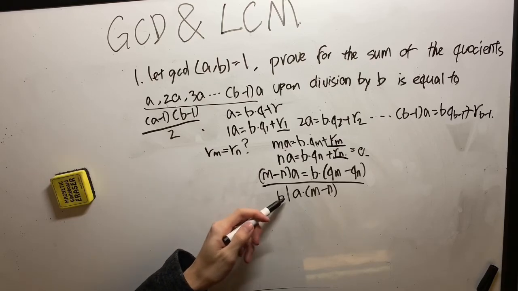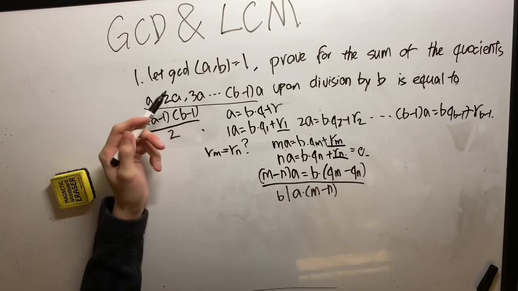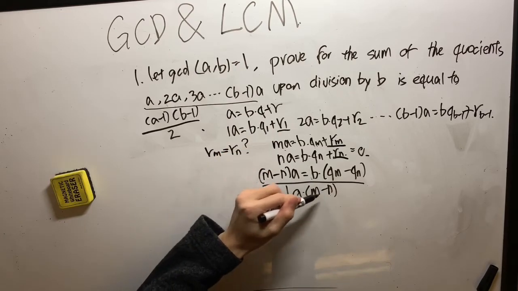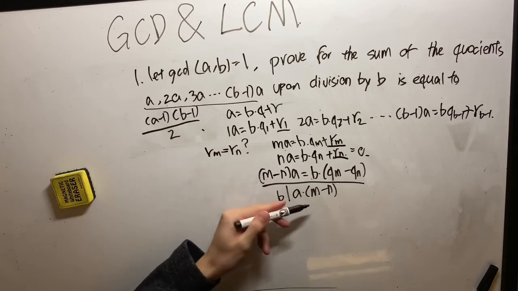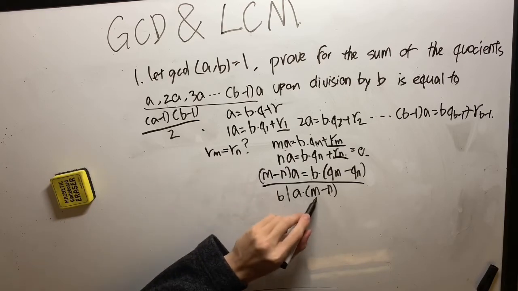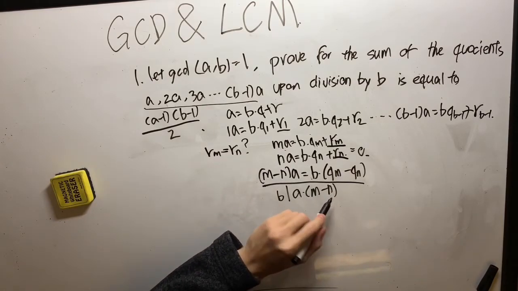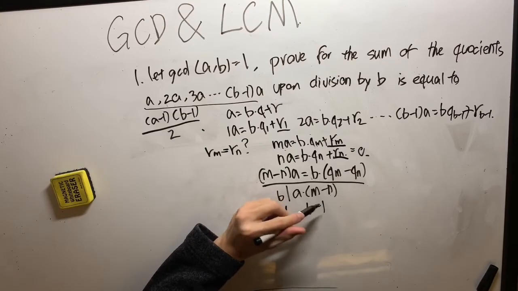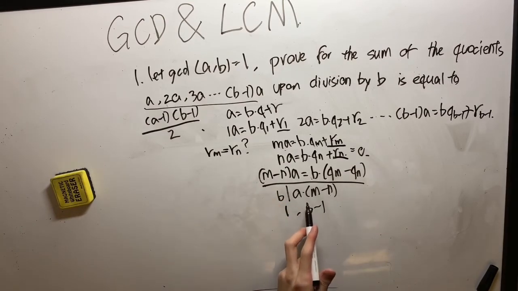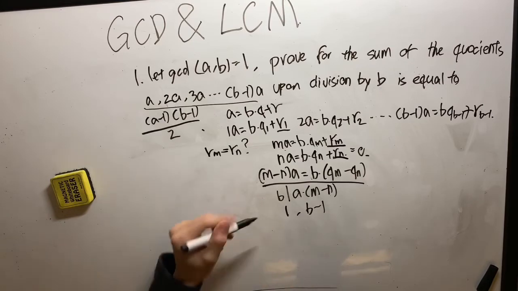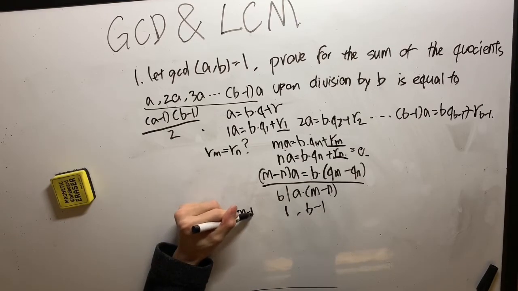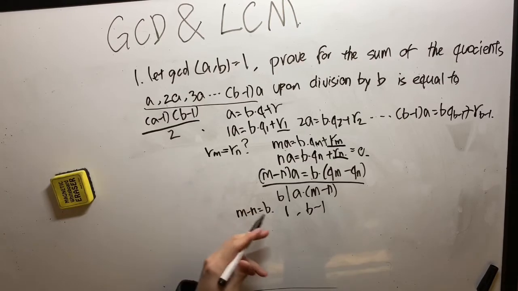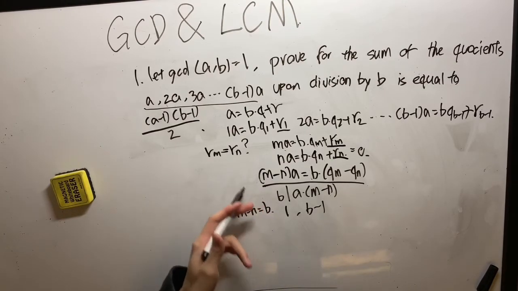Similarly, B does not divide A because GCD of A and B equals 1. So B divides m minus n. However, m and n are chosen from 1 to B minus 1, so it cannot be possible that m minus n has the form of B. This is another contradiction.